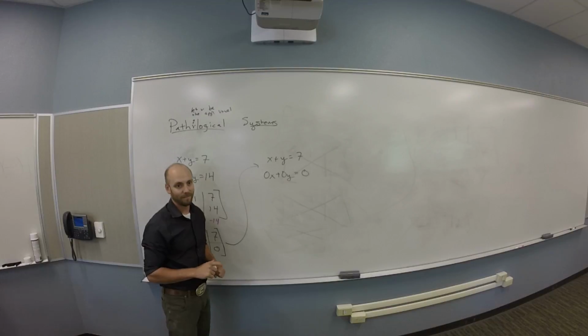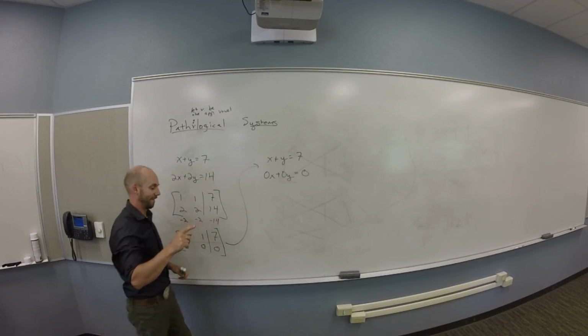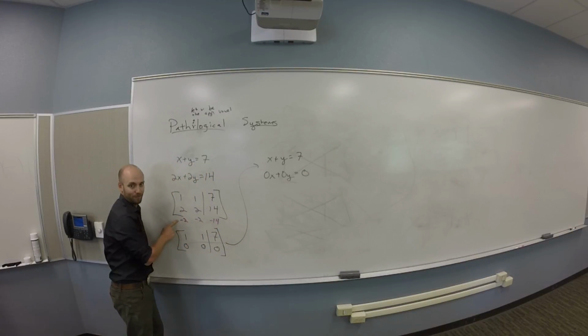I'm confused, how did you get, wait, so when... Okay, so I took the first row and just multiplied by -2, right? And then I wrote the first row down, and then in the second row I replaced it with the sum of the old second row and the pink thing that I made by multiplying the first row by -2. You certainly could change the first row to the pink if you wanted.